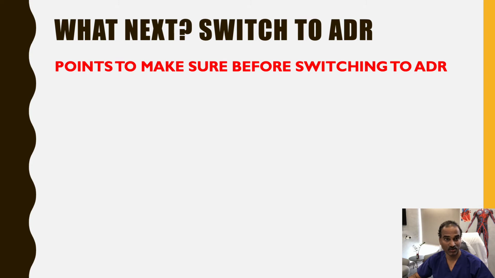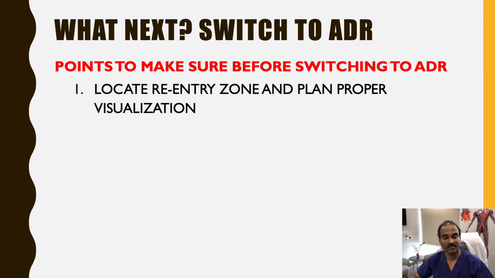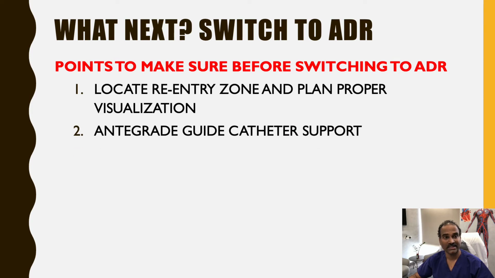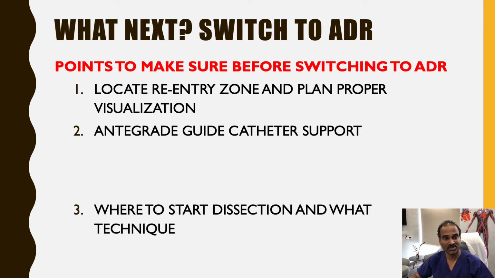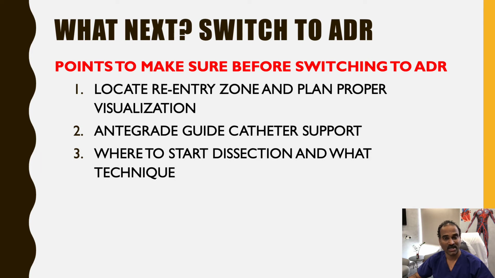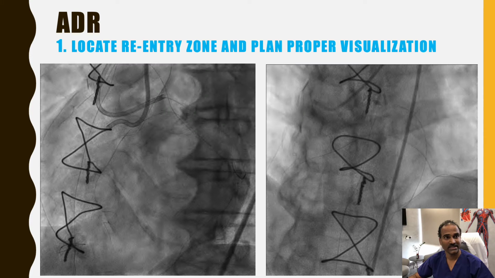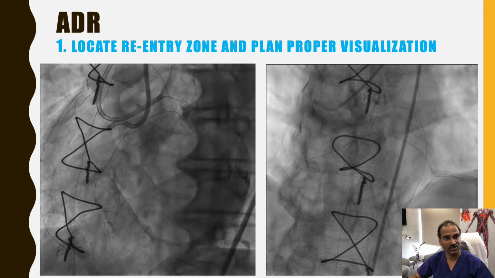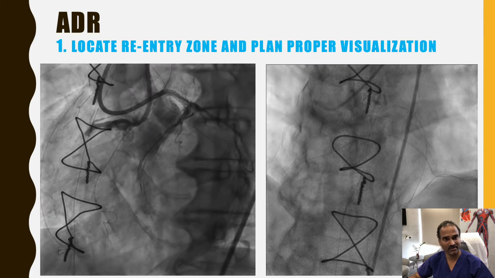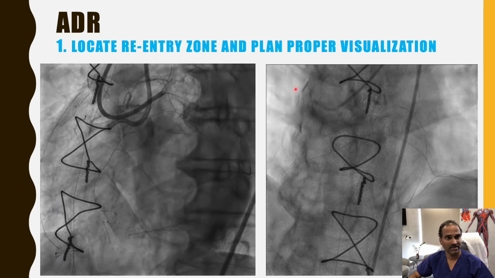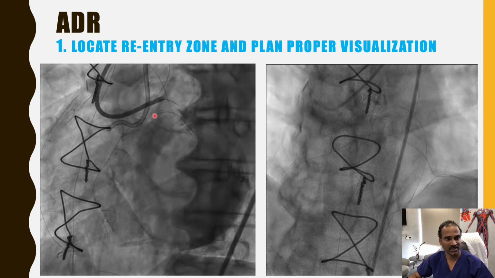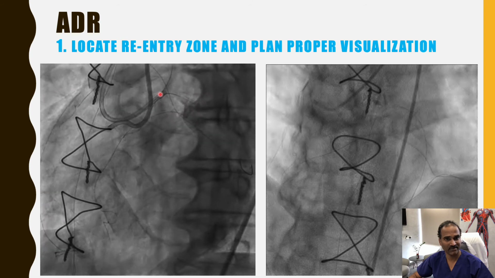Points to make sure of before switching to ADR are to locate the reentry zone and plan proper visualization of the reentry zone, either by dual or triple injection, which matters a lot. Antegrade guide catheter support has to be enhanced, and where to start dissection and what technique to use has to be decided. In this case, we located the reentry zone by CT already, which I have shown, and proper visualization basically comes only when I inject into the venous graft.